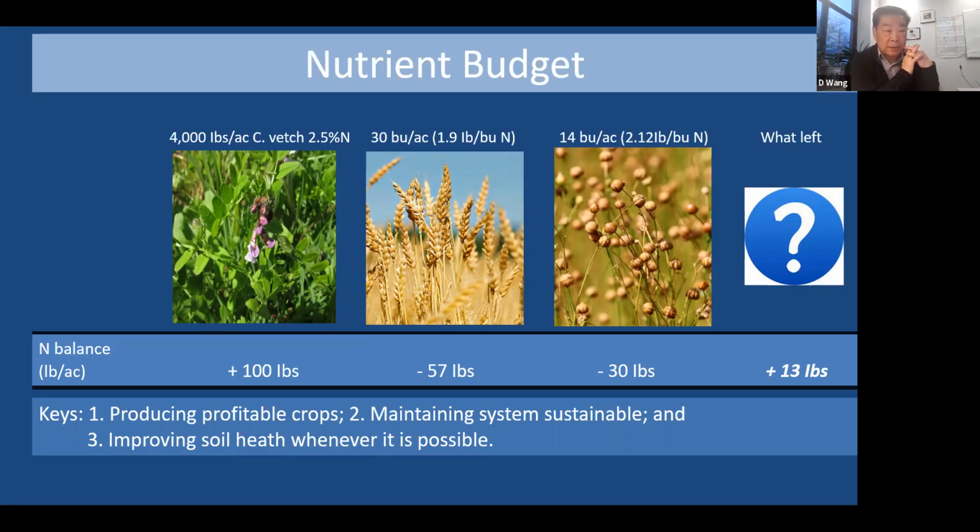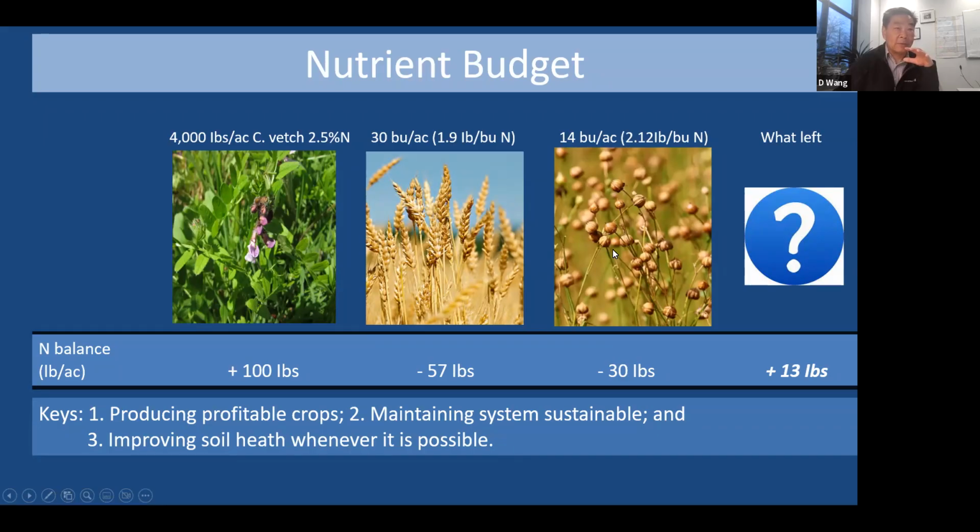You could grow an intercrop, and that's another choice. That's one choice. Another one, you could return to a cover crop, so use this 13 pounds of nitrogen to support a cover crop to grow. A lot of times, what we aim to do is to balance this.